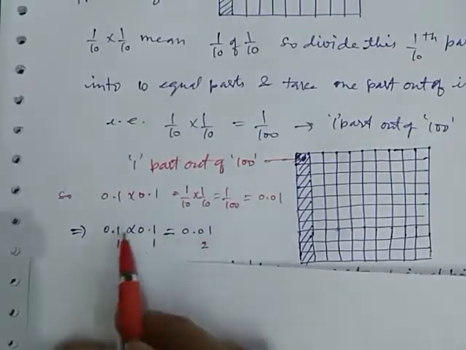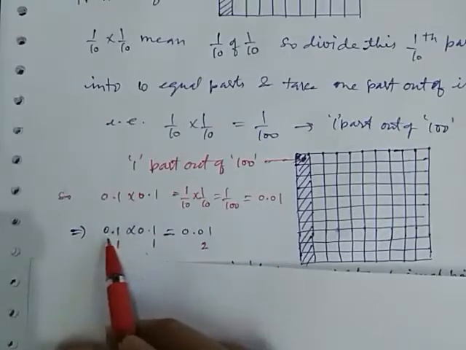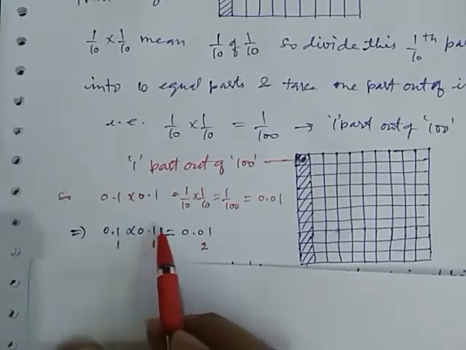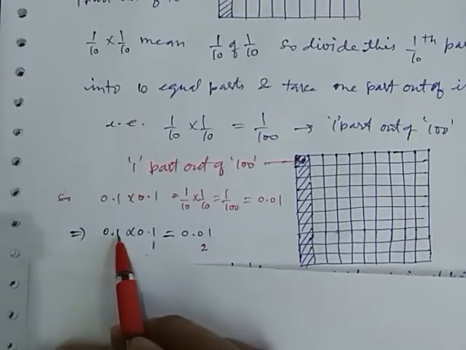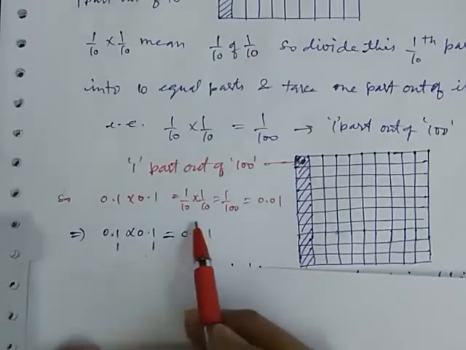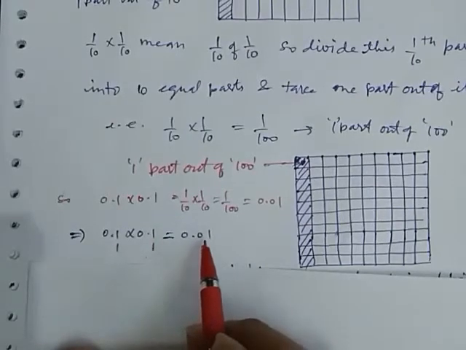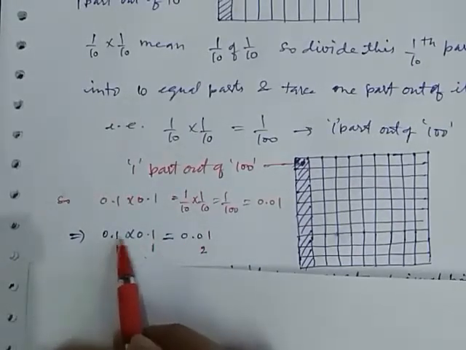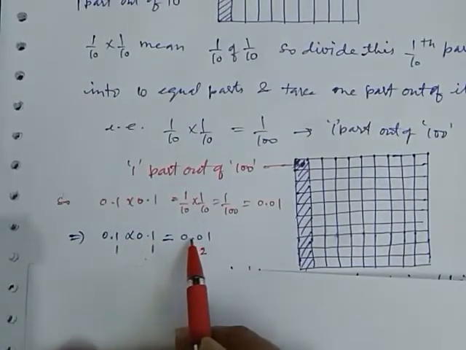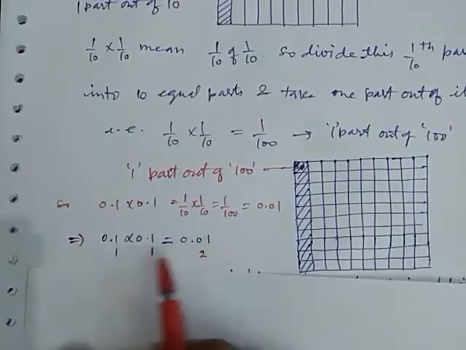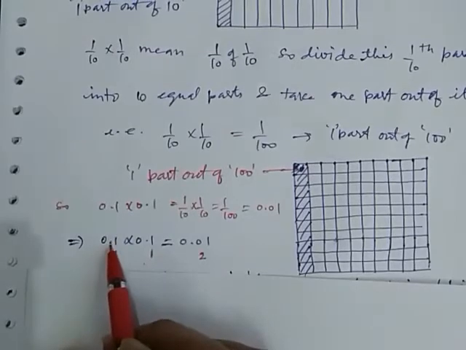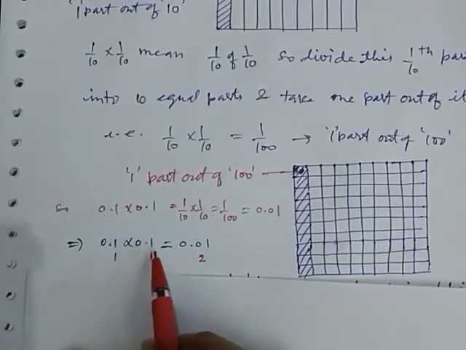So when we multiply 2 decimal numbers having some digits after the decimal, after multiplication we put the same number of digits after the decimal. Here 1 digit after the decimal, here also 1 digit after the decimal.